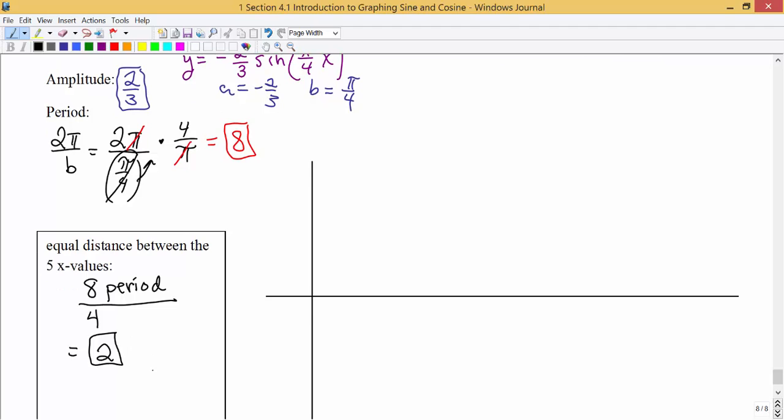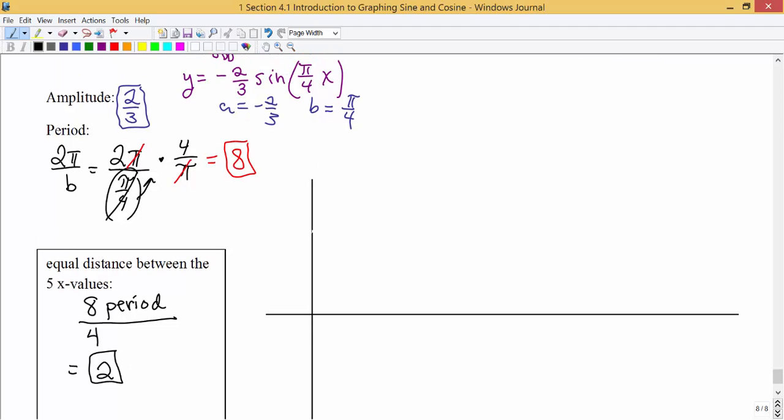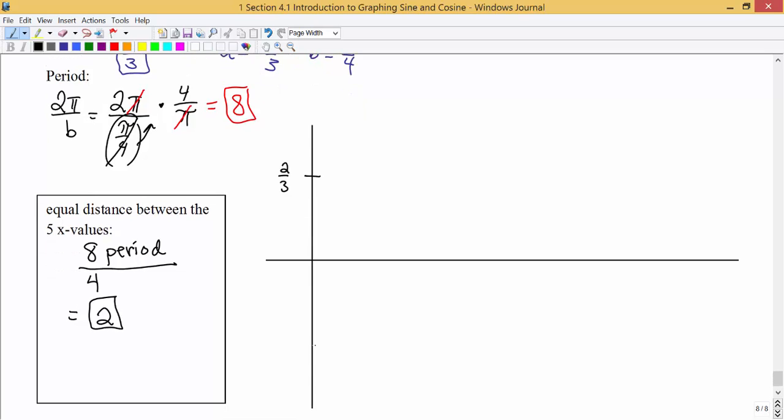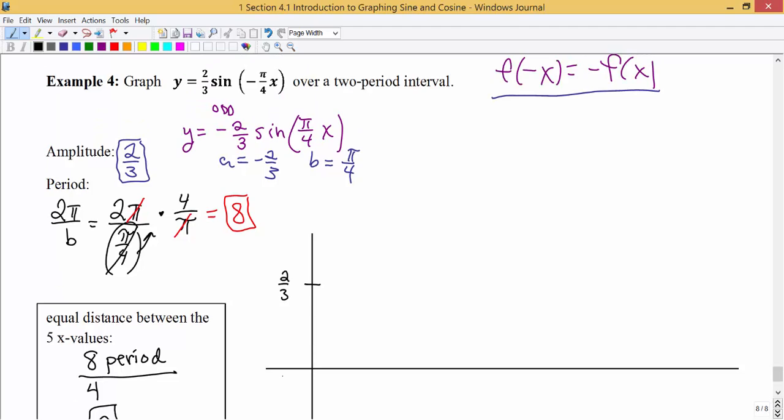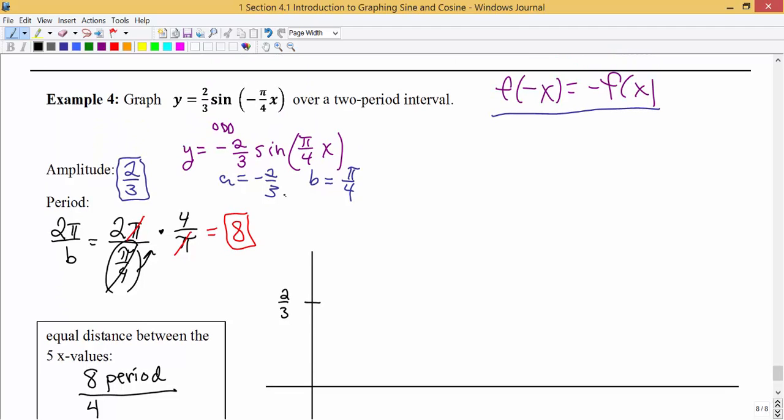So let's take what we have here. Our amplitude is 2/3, so we'll just mark off 2/3 and negative 2/3. That is what our graph will bounce between. And our graph is flipped upside down because a turns out to be negative. So let's do a quick sketch of what that's going to look like.